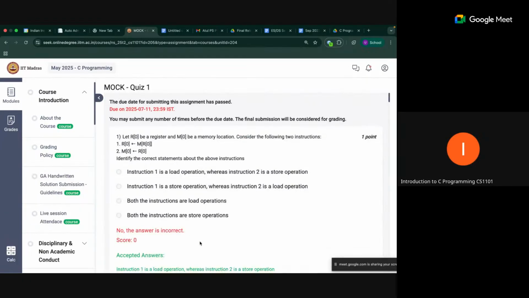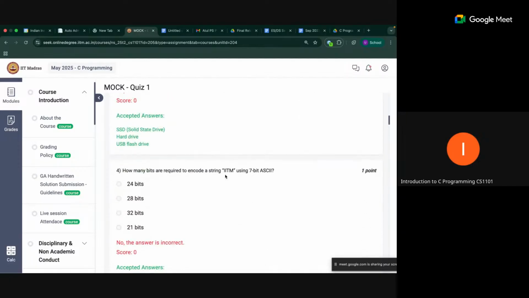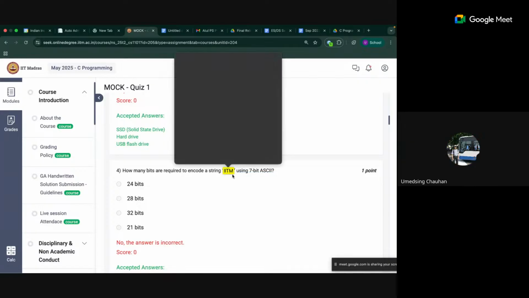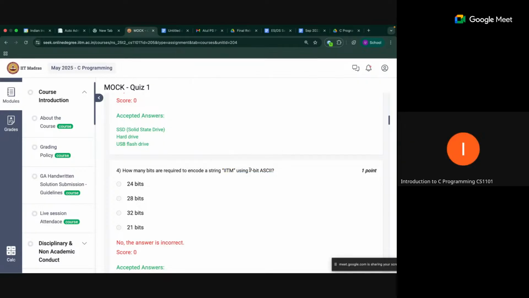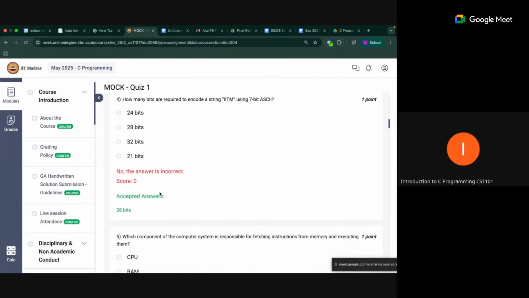Okay, so here, how many characters are there? 4. Yes. They have mentioned that it's 7-bit ASCII, so each character carries 7 bits. I also carries 7 bits, T carries 7 bits, and M carries 7 bits. So in total, how much? 28. Exactly, that is the answer. Is that clear? Yes, ma'am.